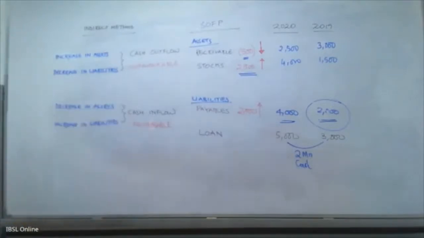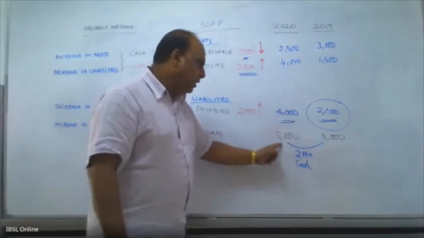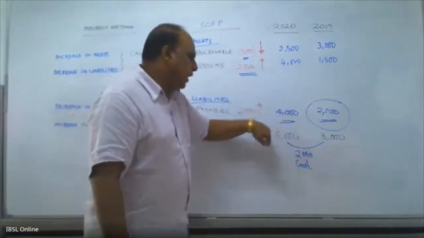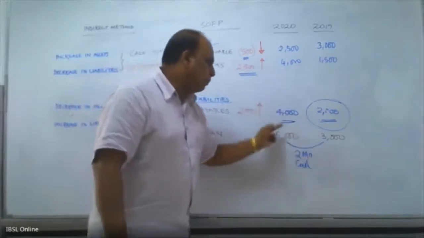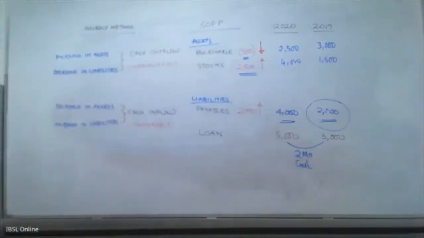That is what you have to remember. One instance, you are deferring the liability. In the other instance, the liability is increasing, but the increase in liability is actually bringing in cash. Is that clear? Yes, sir. Thank you.